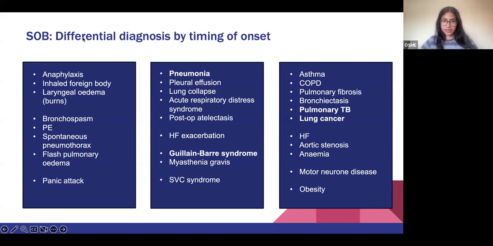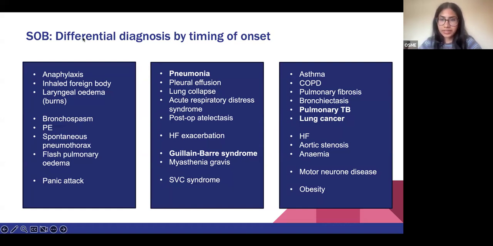Cardiac problems can still present with shortness of breath, so in heart failure, an exacerbation can be subacute rather than chronic. And then, as I mentioned before, the neuromuscular causes, so Guillain-Barré, which we classically think of as an ascending weakness, but the failure of respiration can cause mortality. And myasthenia gravis can produce respiratory fatigue.